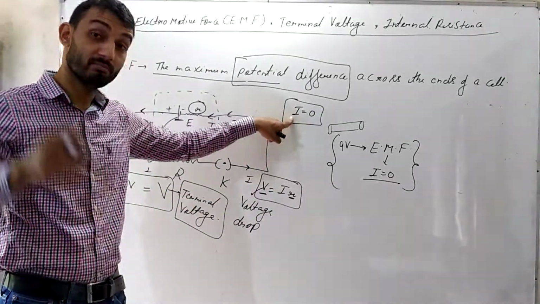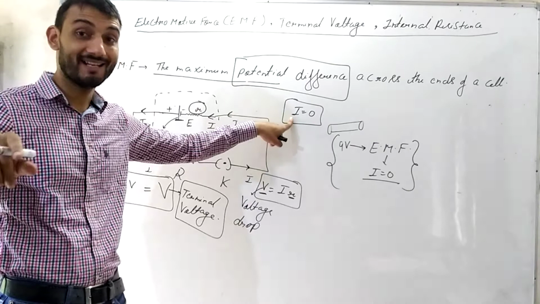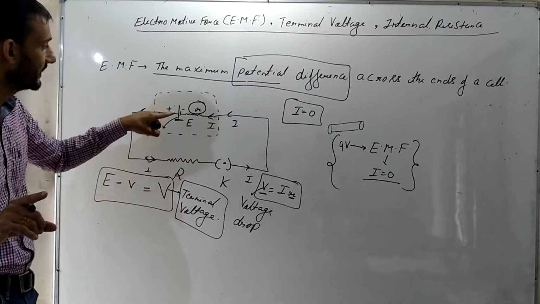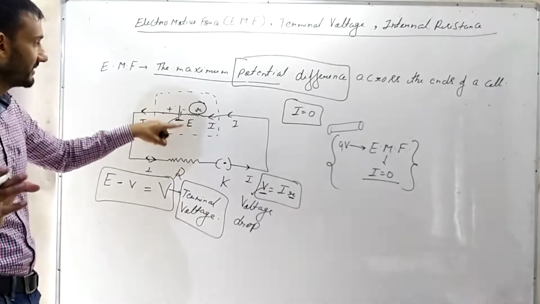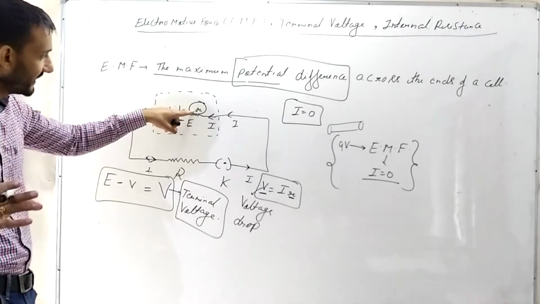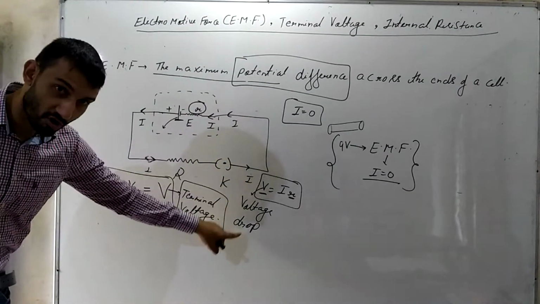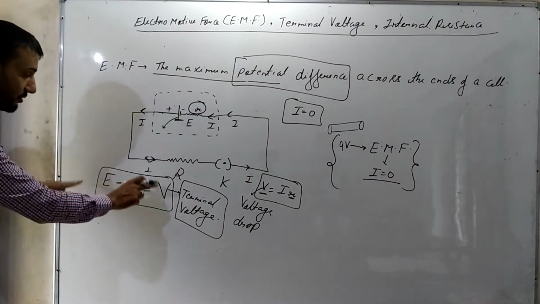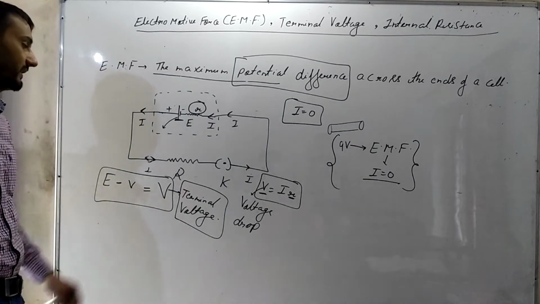EMF was the maximum potential difference across the cell when there was no current passing through it. So what has the current done? Because of the internal resistance, there was a voltage drop in the EMF, and the remaining part is the terminal voltage.